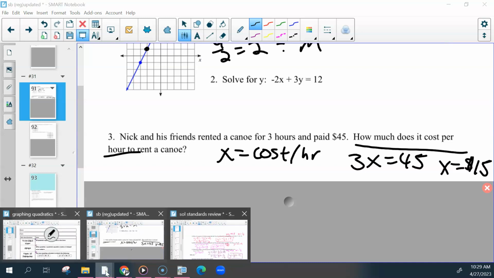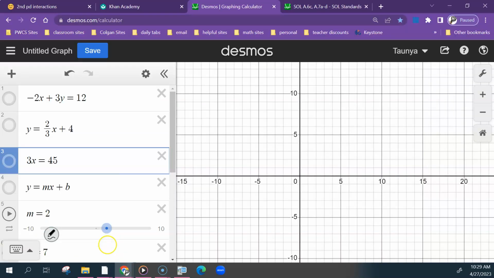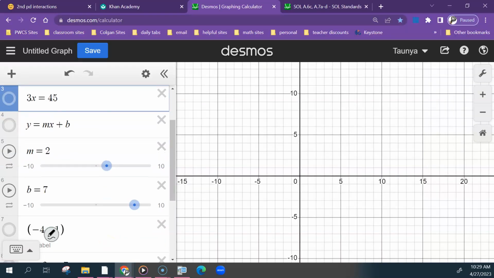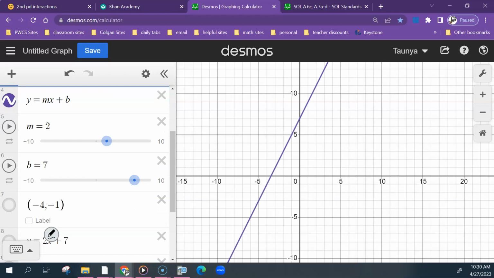For number 4, because it says write the equation, and we've been doing this a lot, anytime it says write the equation, you should be putting in y equals mx plus b, putting in your ordered pair. And then it told you it's parallel, so the slope has to be the same, it has to be 2, and it would have to go through this point, so you would adjust your y-intercept, so I already made it 7, but you would adjust it until it goes through that point, which was at 7.